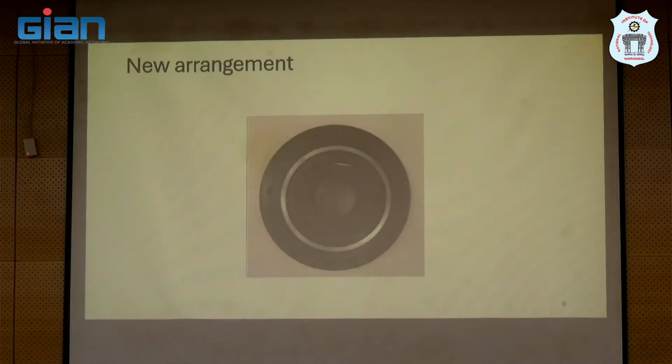If you want only static eccentricity fault, then the bushing on the inside will have zero offset, but the bushing on the outside will have some offset. If you want only dynamic eccentricity fault, it will be the other way around. Okay? And when you want a combination, both the bushings will be offset bushings or eccentric bushings. So this is how we can achieve different combinations.